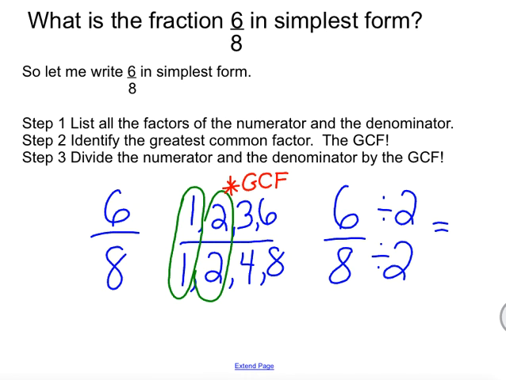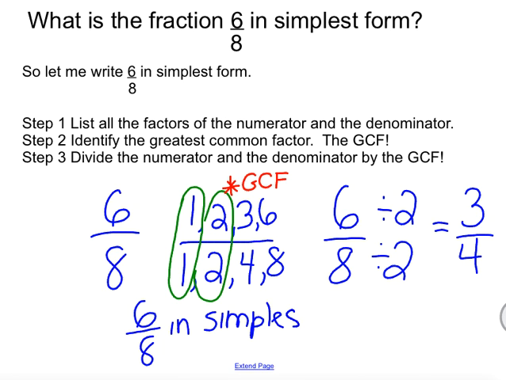So 6 divided by 2 is 3, and 8 divided by 2 is 4. So 6/8 in simplest form is 3/4.